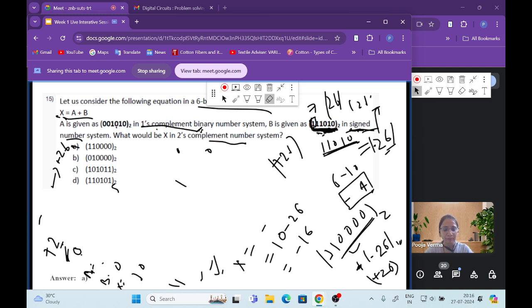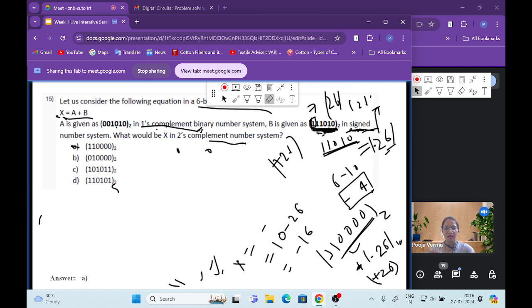In binary we have to convert so that both numbers are in the same number system, but in decimal we can directly perform the operation, like we do with pen and paper, if both are in decimal. Ma'am, like in this question we add A and B directly, that is 10 minus 26, and we get minus 16. Yes, we have converted both into decimal directly.